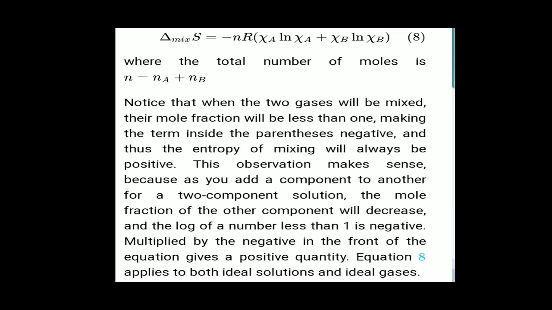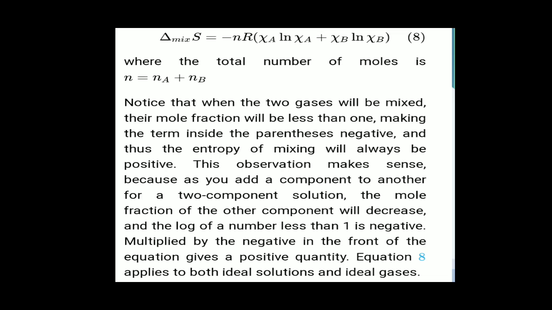Notice that when the two gases are mixed, the mole fraction will be less than 1, making the term inside the parentheses negative, and thus the entropy of mixing will always be positive.